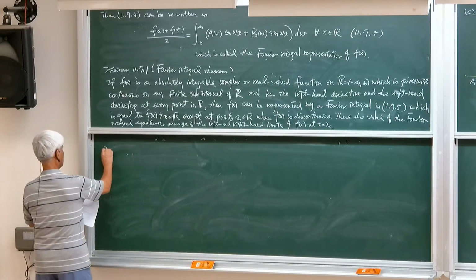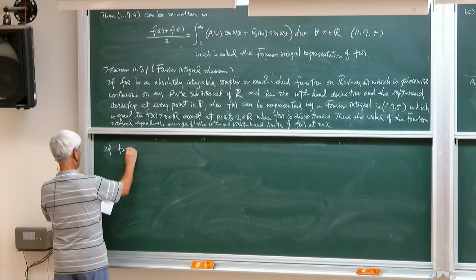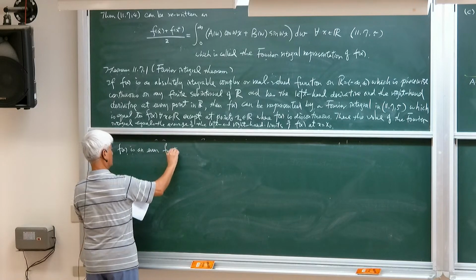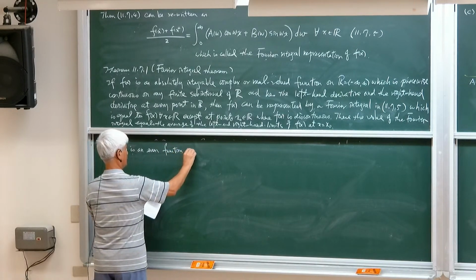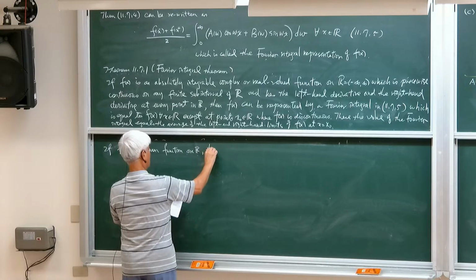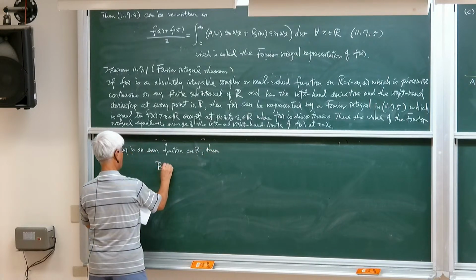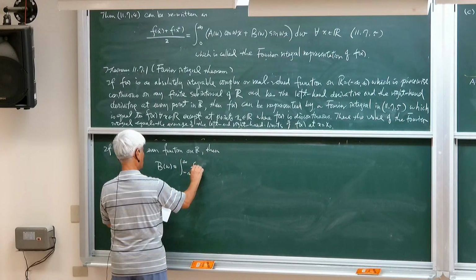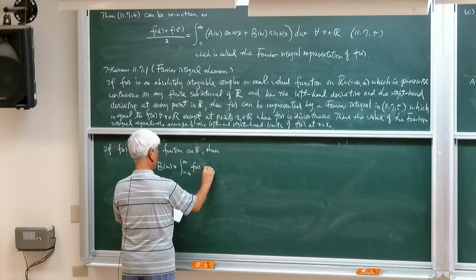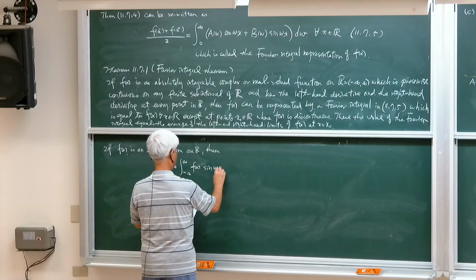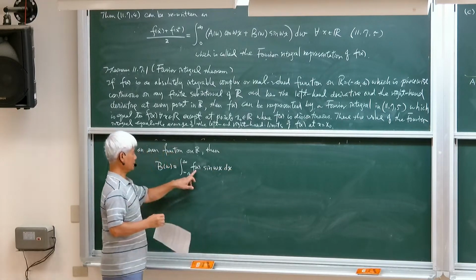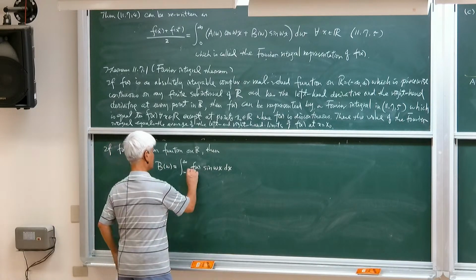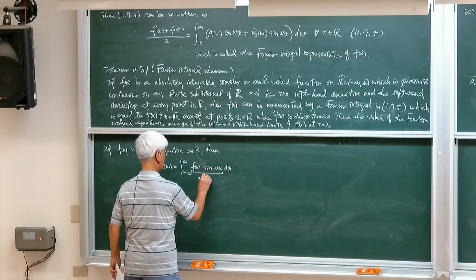There are two cases. If f of x is an even function on R, then we look at the b omega, which is f of x times sine omega x. Now this is an even function, the sine function is an odd function, so the integrand is an odd function.